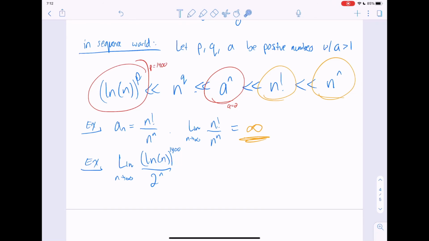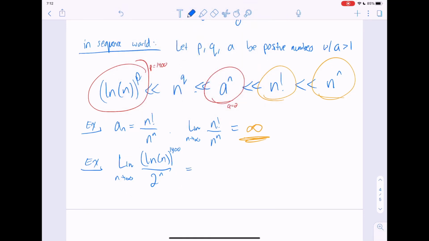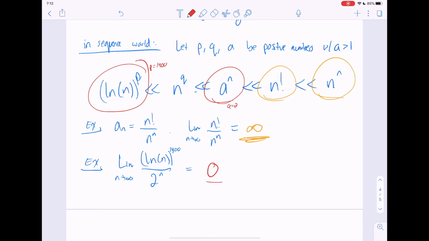And regardless of these numbers being so different, eventually the growth of the exponential will far outpace the growth of the natural log. So in this case, we find that the answer is going to be 0, because the denominator is higher on the growth chart than the numerator.